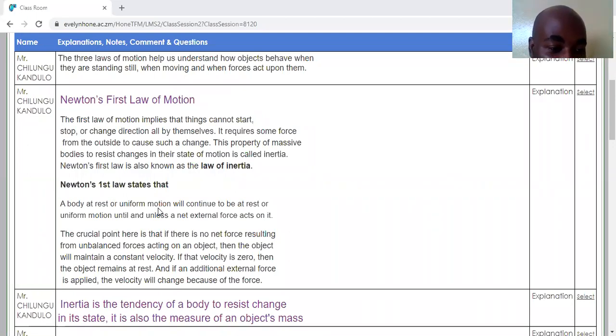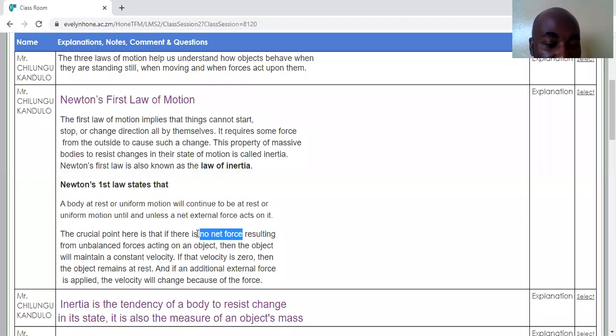So now we read it, to say a body at rest or in uniform motion will continue to be at rest or in uniform motion unless an external force acts on it. So the key word in Newton's law is that when there is zero net force, when do you get zero net force?